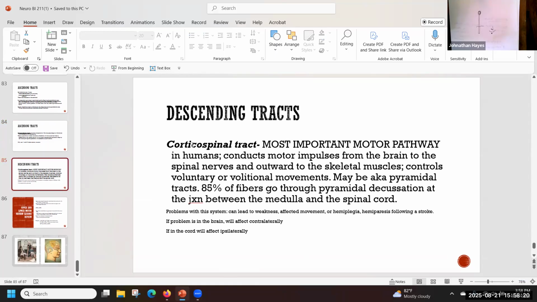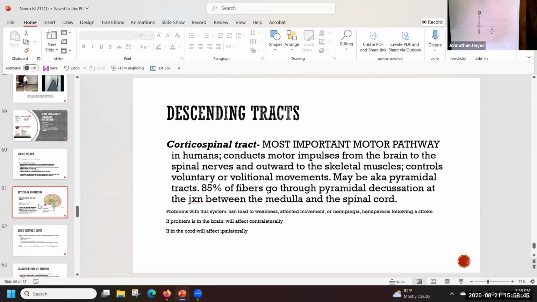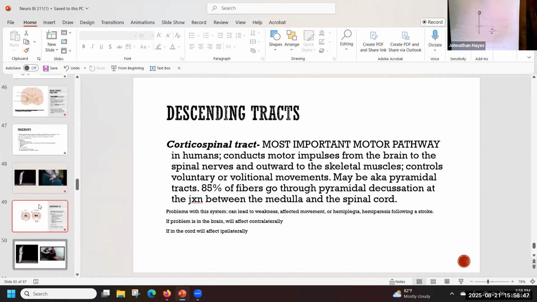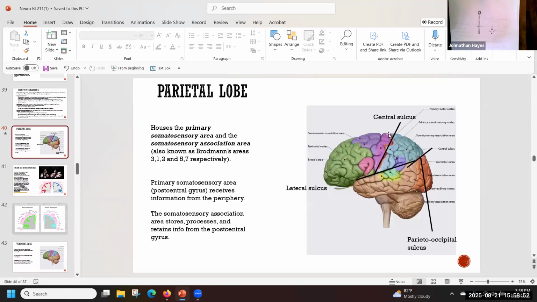And then when you get into corticospinal tract, it was good at carrying all your volitional signals, or what we call voluntary muscle control signals. So think about the precentral gyrus as being the beginning of this, because the precentral gyrus, when we go back into the brain, was the part of the frontal lobe that was in charge of voluntary muscle activity, or we sometimes call it the primary motor cortex, right?